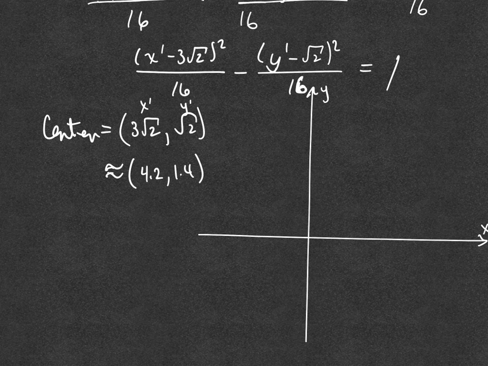Now we need to make our angle of rotation 45 degrees. I'm just doing the best I can. I'm going to make that in blue. So that's going to then become my x prime axis. And my y prime is going to be something like that.